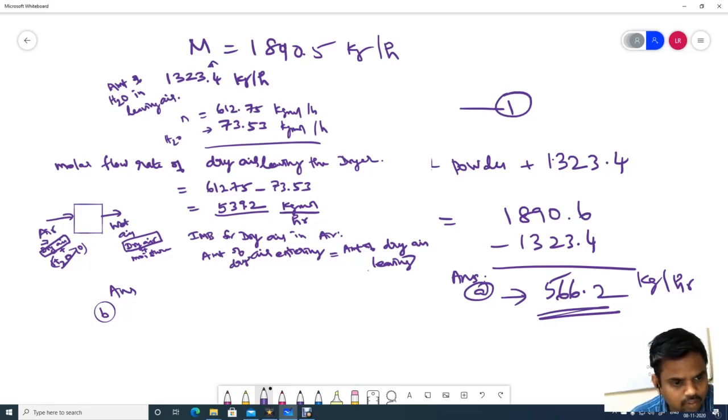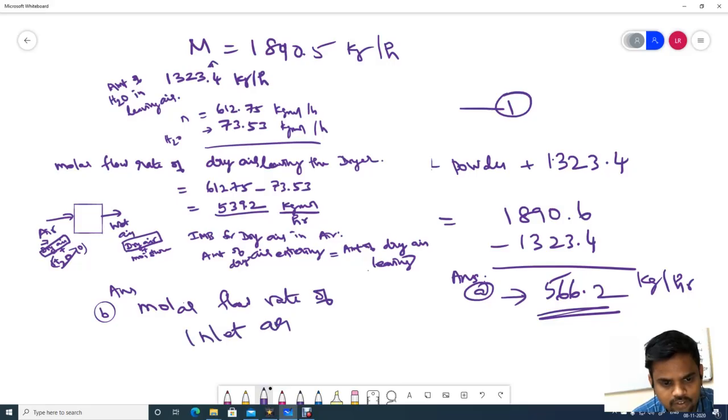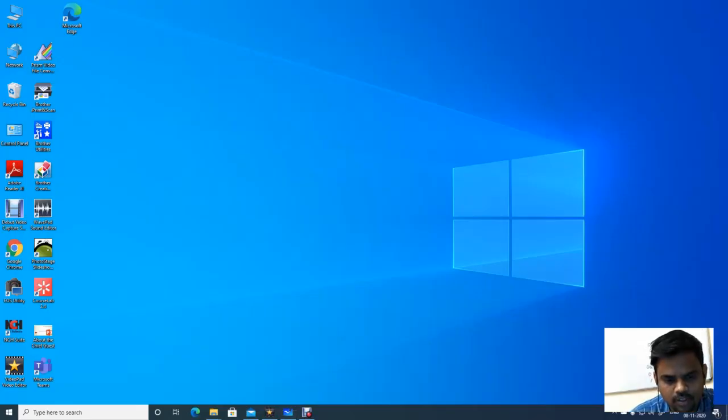Therefore, referring to the question, the molar flow rate of inlet air is equal to 539.2 kg moles per hour. Remember, the moisture content in the air entering is 0, that's why we directly write it. Otherwise, if there is some initial moisture present, we have to take care of that also. So these are the answers for this particular question.